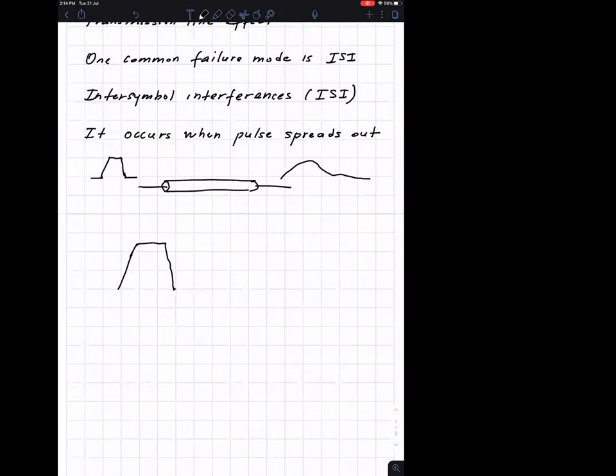This is the pulse that you're sending. The spread out pulse may look like this. And this is called intersymbol interference, ISI.